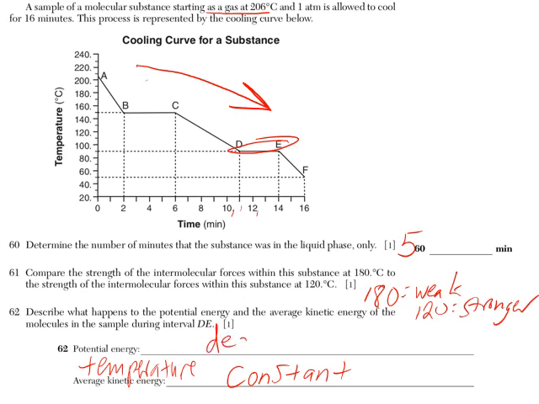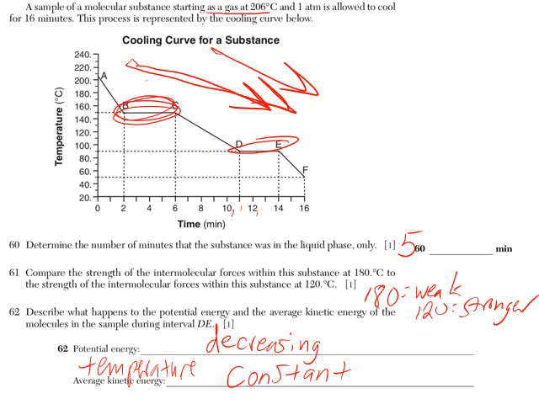As we see, the energy is always going down. Remember, it's either potential or kinetic energy changing at all times. In a curve like this, a cooling curve, you always have a decrease in energy. So either kinetic energy is staying the same and potential energy is decreasing, like in BC and DE, or you have kinetic energy going down and potential energy will be constant, like in AB, CD, and EF.